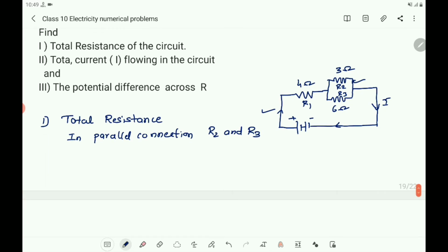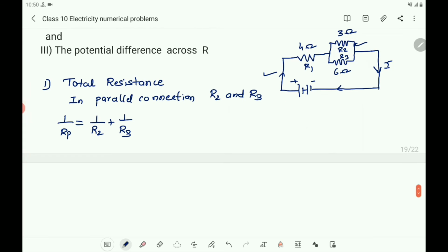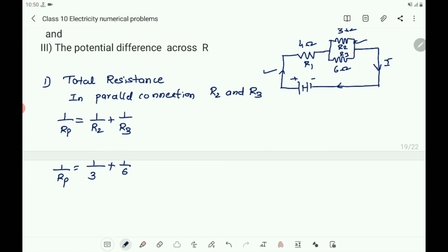So Rp becomes: you must write it as 1 by Rp equals 1 by R2 plus 1 by R3. That is 1 by Rp equals 1 by 3 plus 1 by 6, R2 is 3 and R3 is 6.